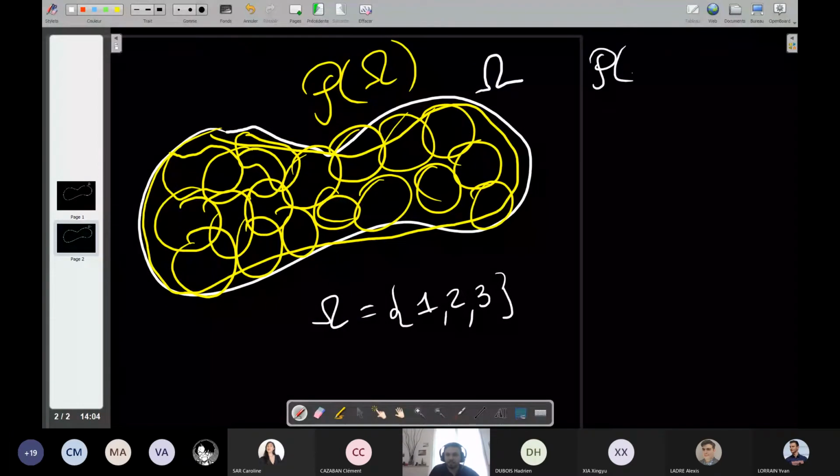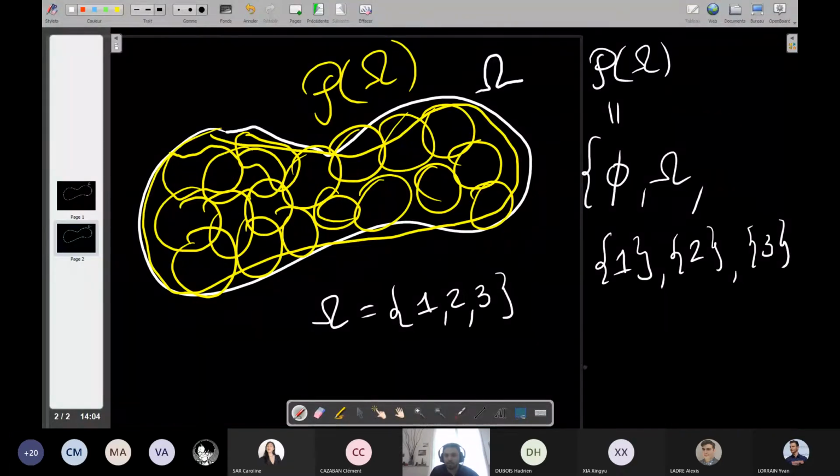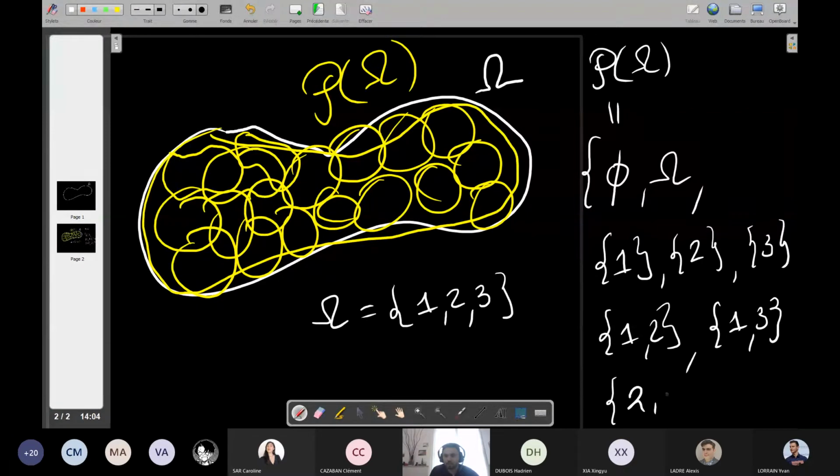P of omega is the set that contains the empty set, omega, of course, but also {1}, {2}, {3}, {1, 2}, {1, 3}, and {2, 3}. That's the power set of omega. It's the set that contains all the subsets in omega.